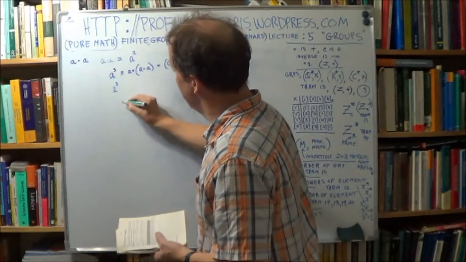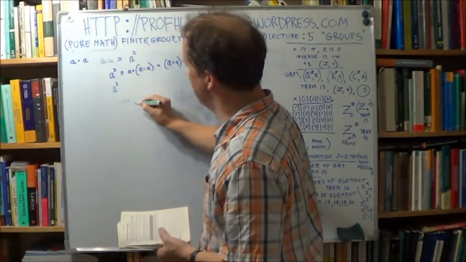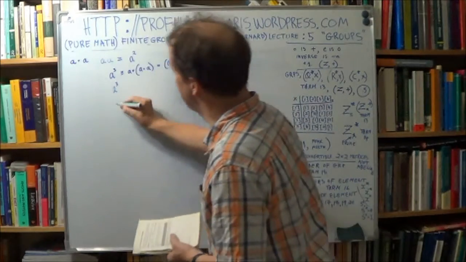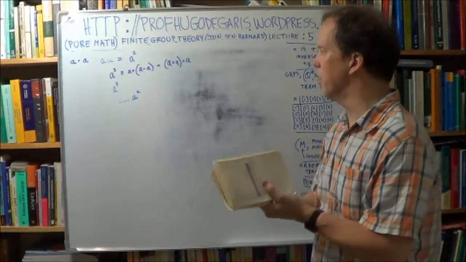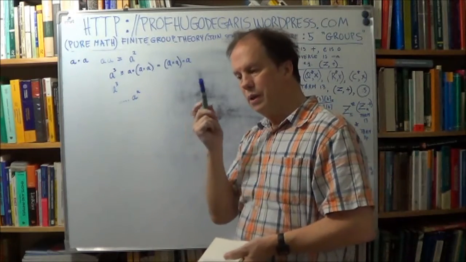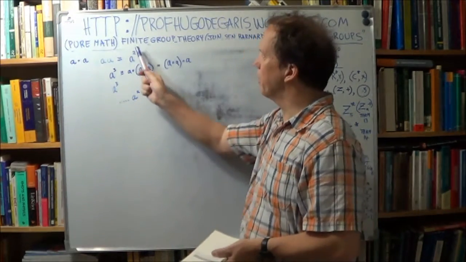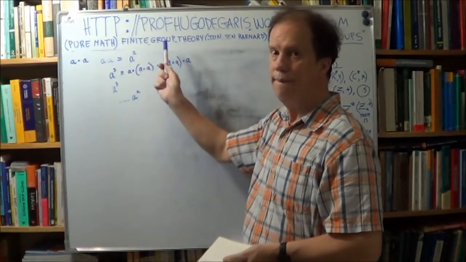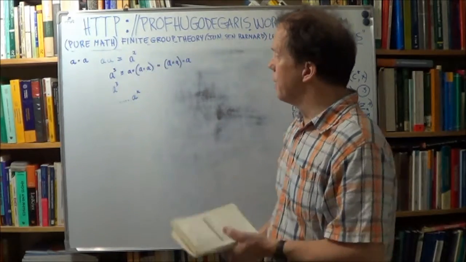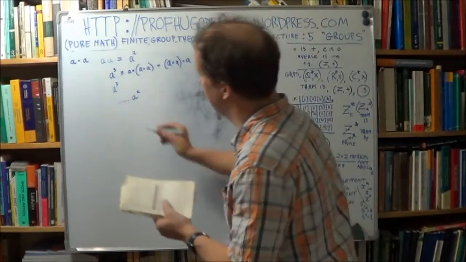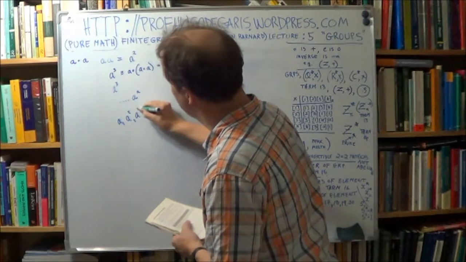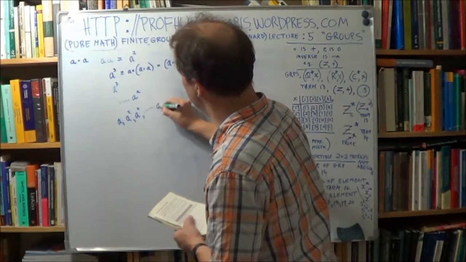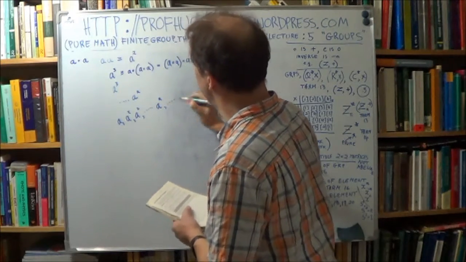Now, you can keep doing this, so you could go to A to the n, and n could just keep going. But let's assume we're talking about a finite group. So this process of A squared, A cubed, and so on, A to the n, dot dot dot.